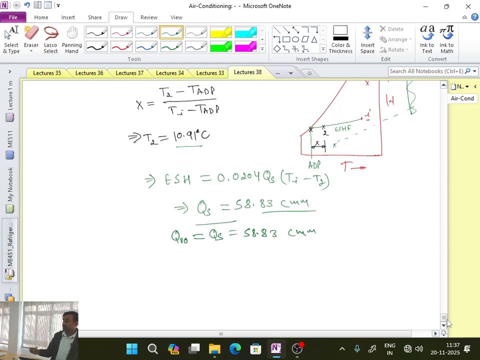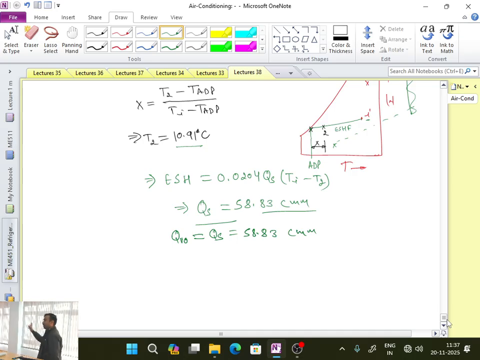Now, please see one thing, our question is not yet done. Why? Because I increased the flow rate, but the bypass factor of the cooling coil is the same. With a flow rate of 50, the cooling coil was able to maintain supply state 2. With a flow rate of 58, the supply state will be different.